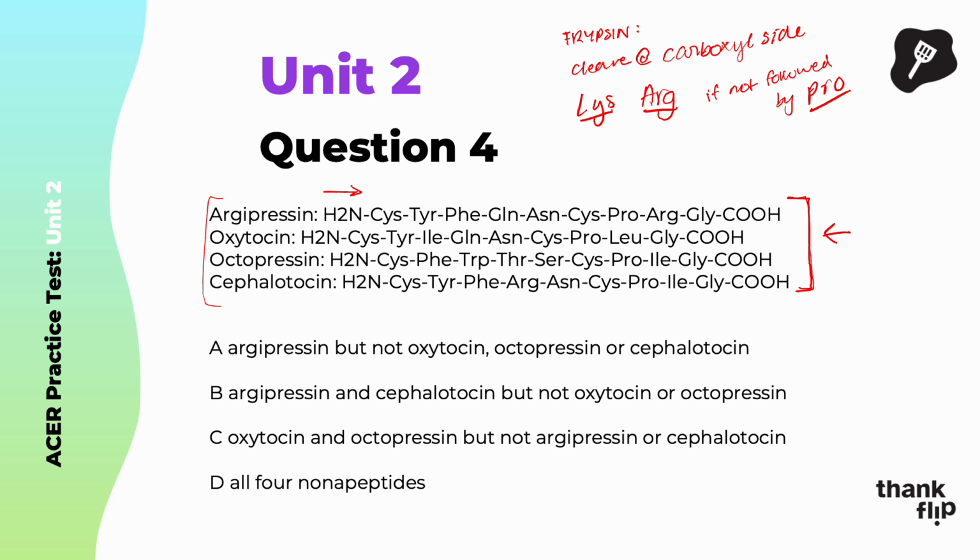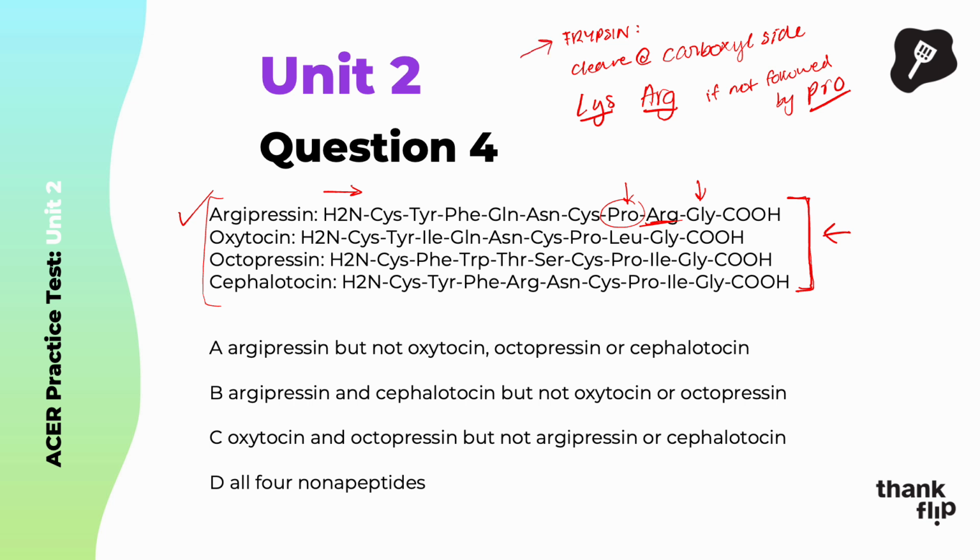Then we have arginine. So that rings bells. Okay, arginine. However, it's not followed by a proline. It's actually preceded by a proline. So, looking at that proline, you might think, I can eliminate argipressin, but arginine is not followed by the proline, it's preceded by the proline. So this can still be cleaved by our enzyme trypsin.